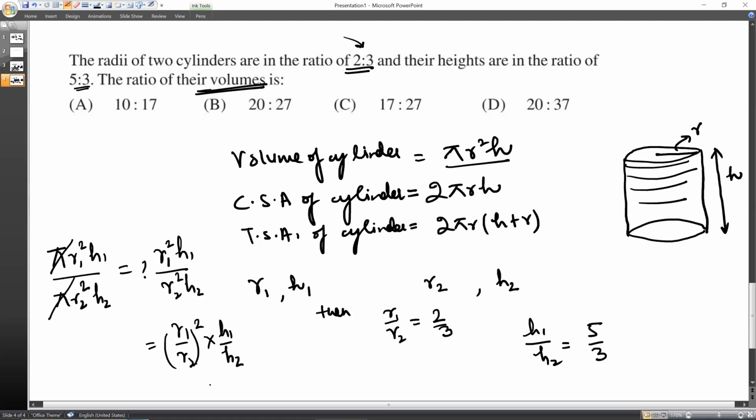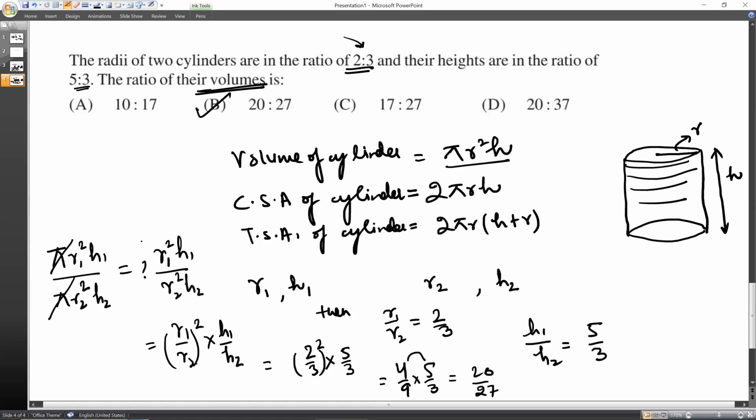The value of R1 upon R2 is 2 by 3, so 2 by 3 whole square into 5 by 3. The square of 2 by 3 is 4 by 9, into 5 by 3, so this will be 20 upon 27. So the correct answer is B.